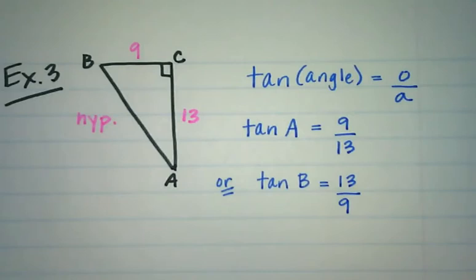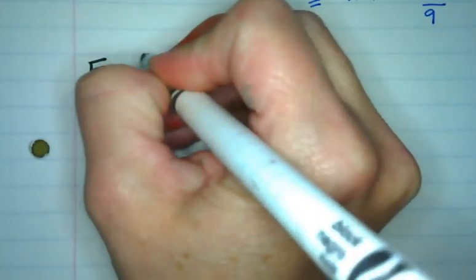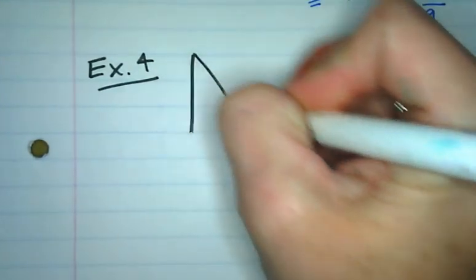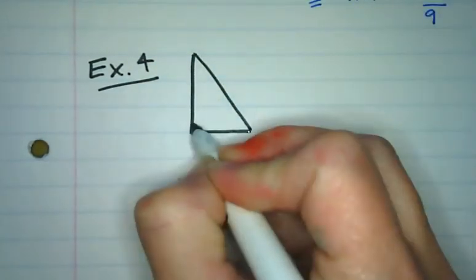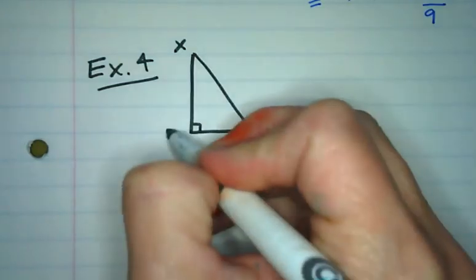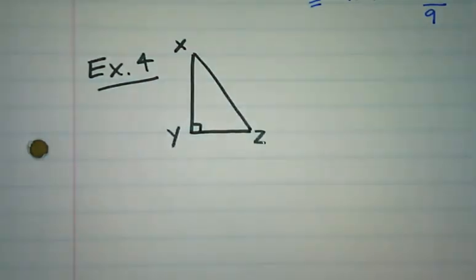All right, next up. Let's say, for example 4, I'm going to go back to normal here, but this time I'm just going to call it X, Y, Z, just to be different.